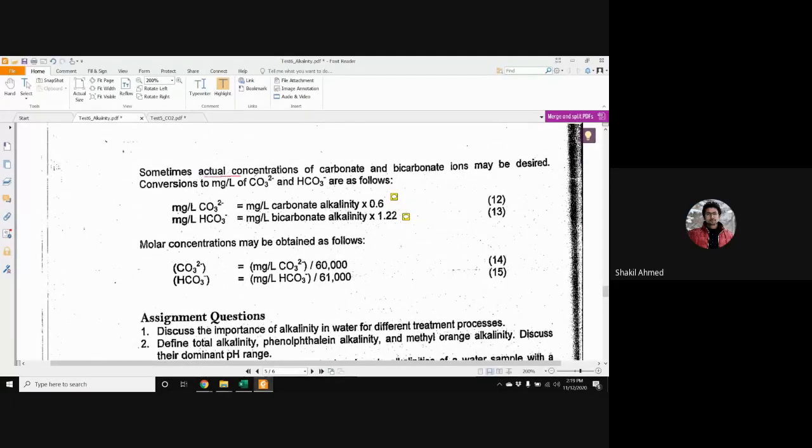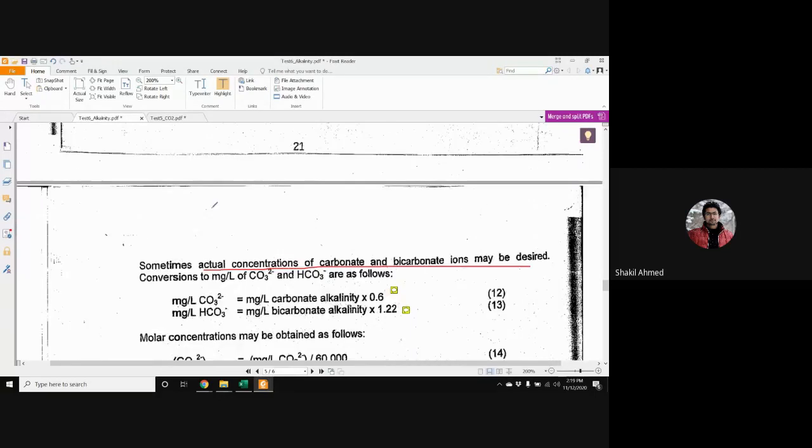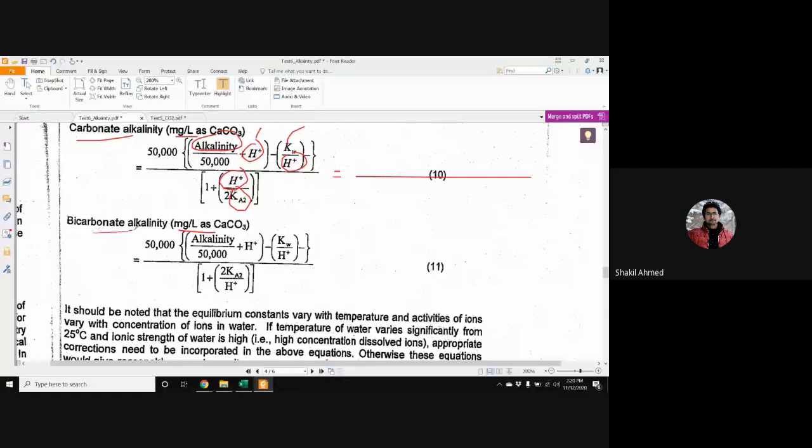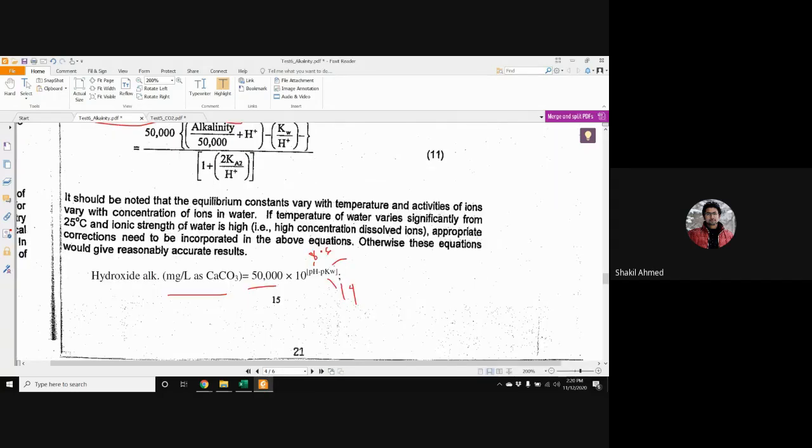Now, sometimes actual concentration of carbonate and bicarbonate ions may be desired. Here you have expressed bicarbonate alkalinity in terms of calcium carbonate. But if you want it in terms of bicarbonate, what do you need to do?